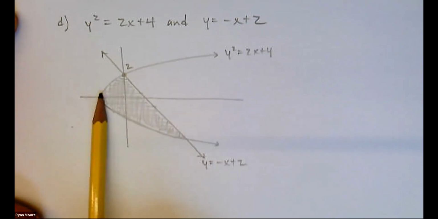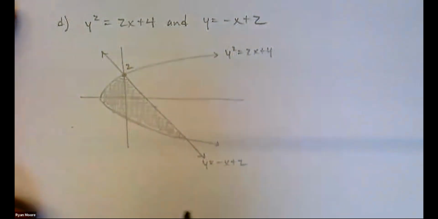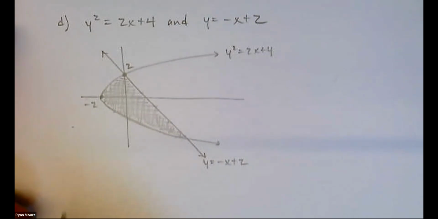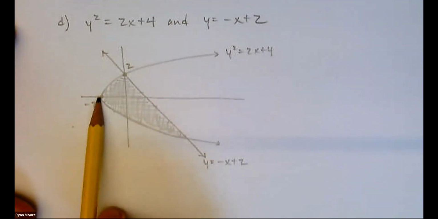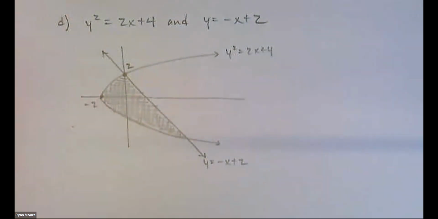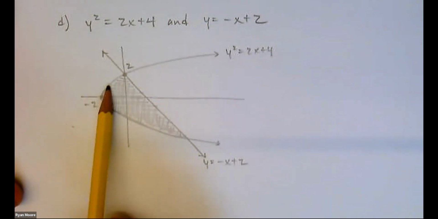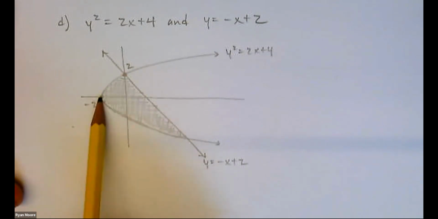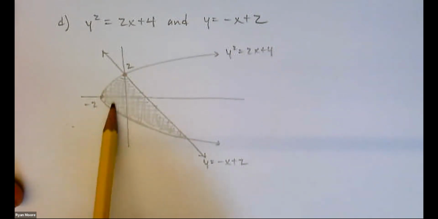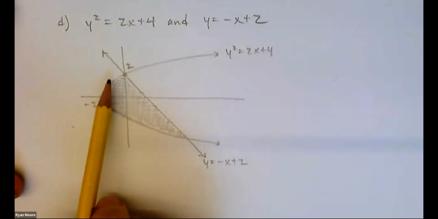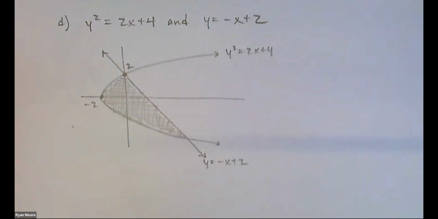Because on the left, if we said this is where we begin, at -2, can we go from here to here? Well, think about top and bottom. For a while, the parabola acts as both the top and the bottom in this section. And that's an issue. We can't have the same function be the top and the bottom.